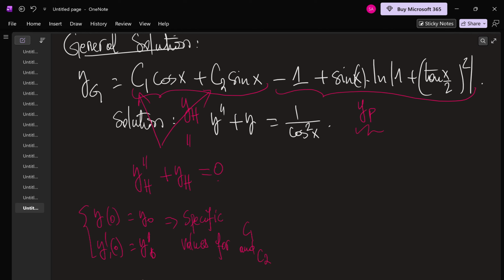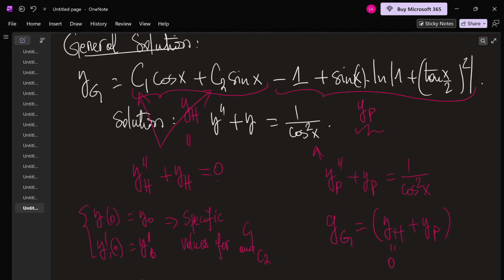The particular solution, however, is what gives you this part here. It is y double prime plus y prime is equal to 1 over cos squared x. The general solution yg is equal to both the homogeneous plus the particular.